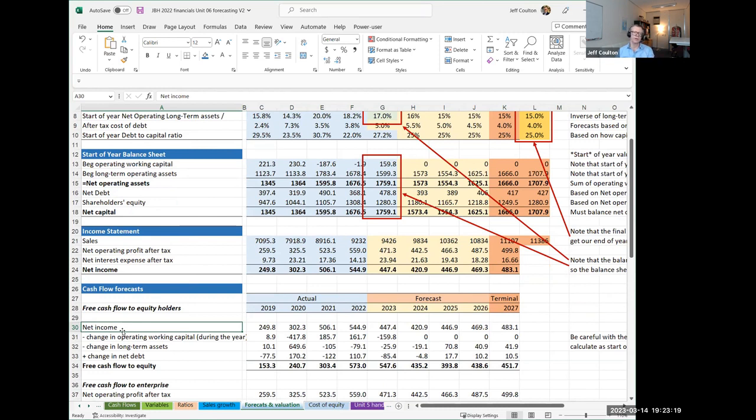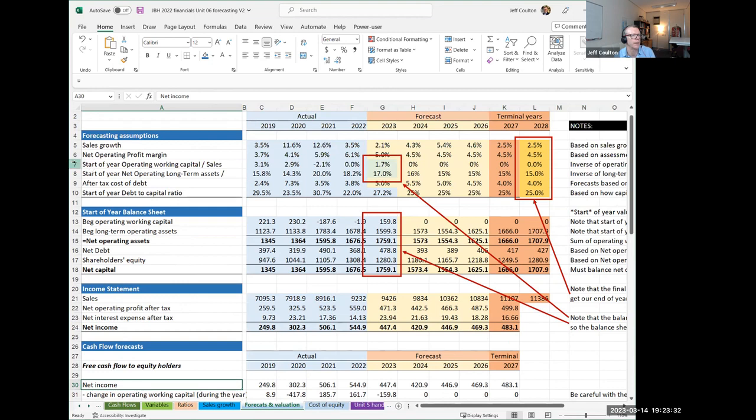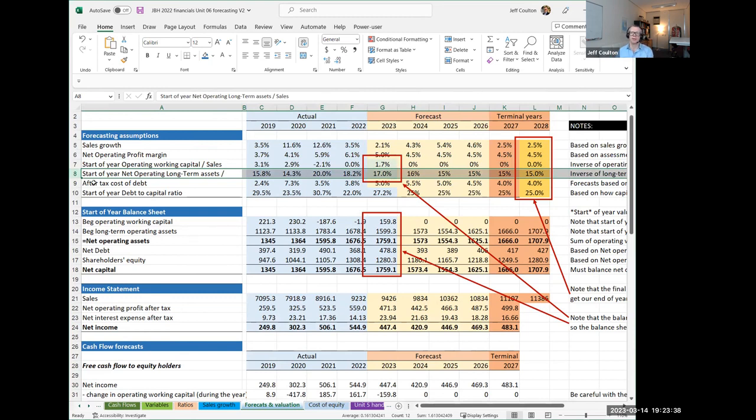And so what I've got is my net income, but if I'm forecasting the firm to grow, some of that net income has to go to working capital if I've got a positive ratio up here. Or if I'm forecasting my firm to grow and I'm, say, JB Hi-Fi, some of that net income has to go to fund additional store expansion or additional purchases.